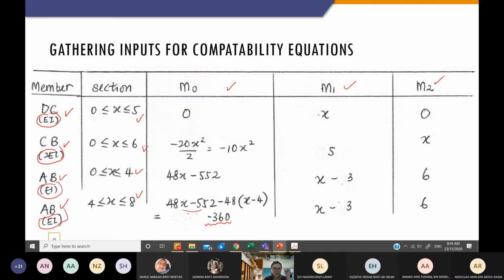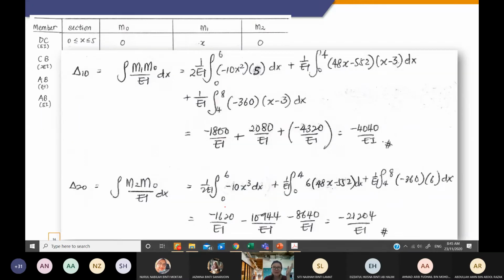From this statement just now, if you simplify, you get a very simple compatibility equation. Then I hope you can already write the compatibility equation when delta deals with 1, delta deals with 2. So for example, for this delta deals with 2, you shall be able to write this.